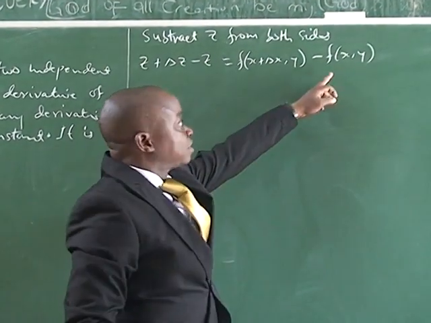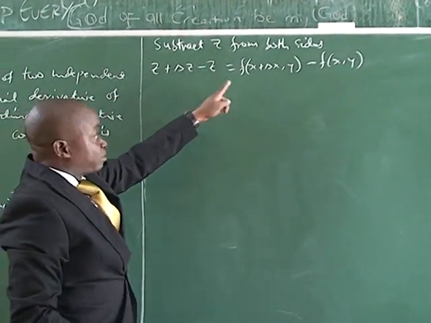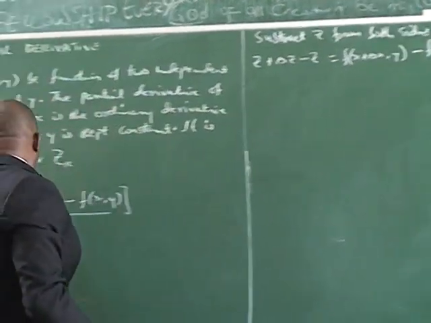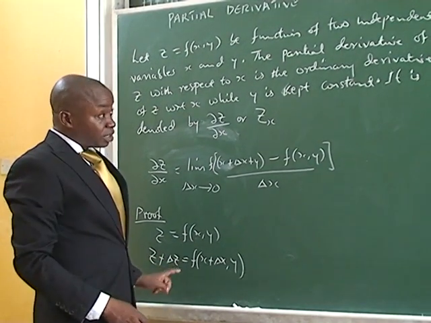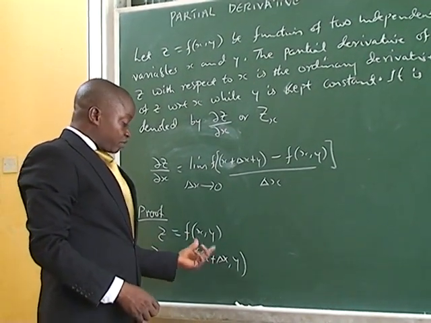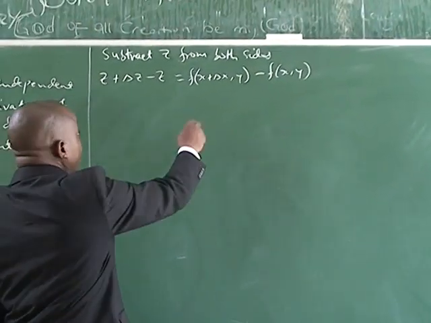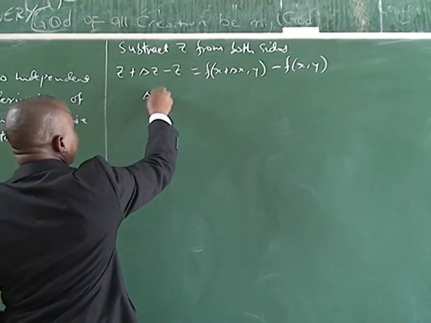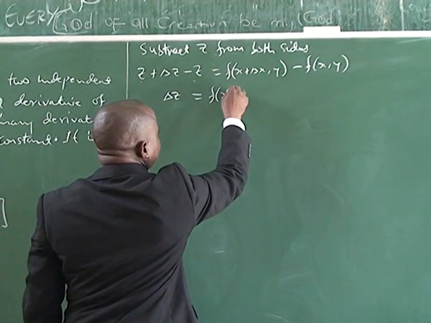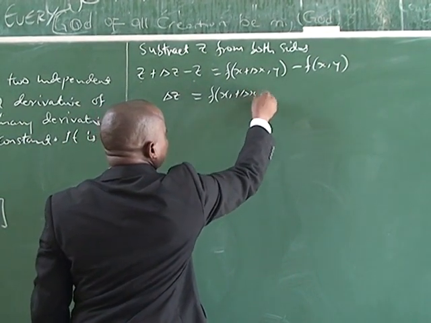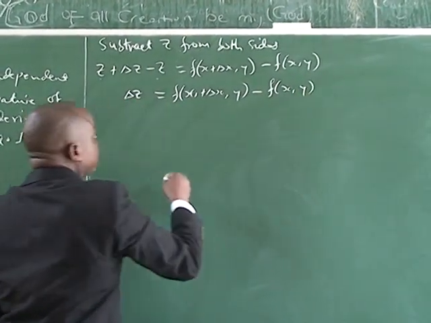You know why? Because z is equal to f of x y. So I'm subtracting z here, and I'm subtracting f of x y, which is equal to z. Now, if I have that, I will get change in z, because z and z cancel, equal to f of x plus change in x, y, minus f of x y.